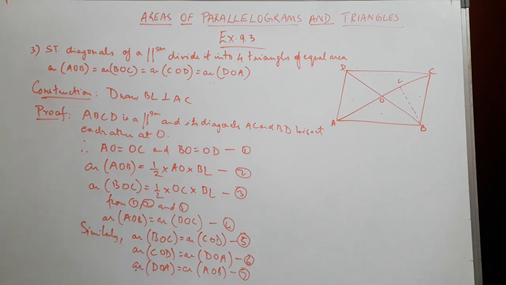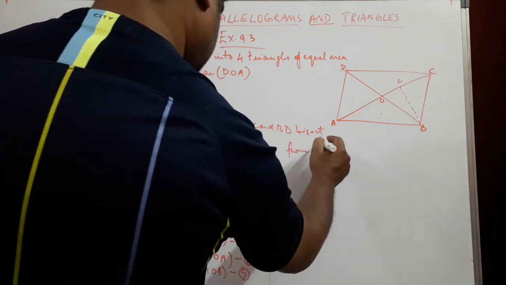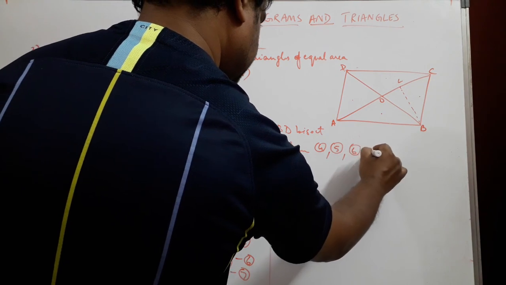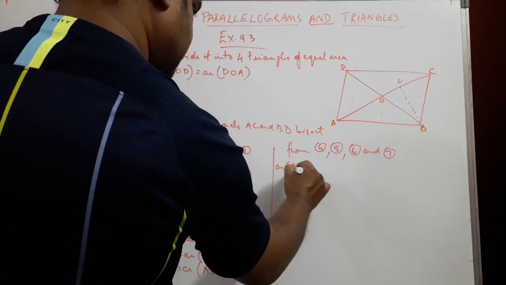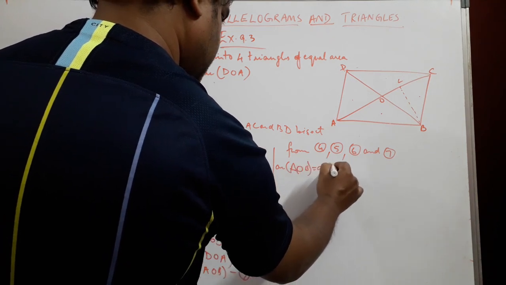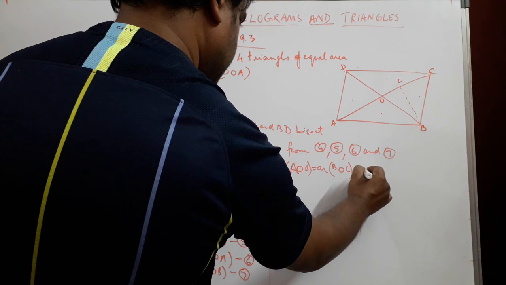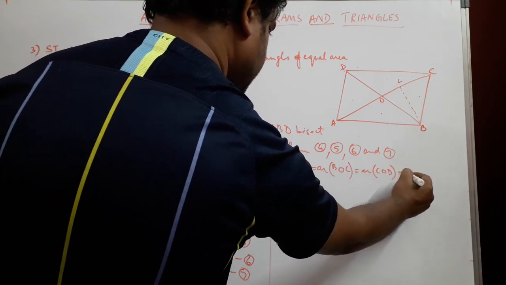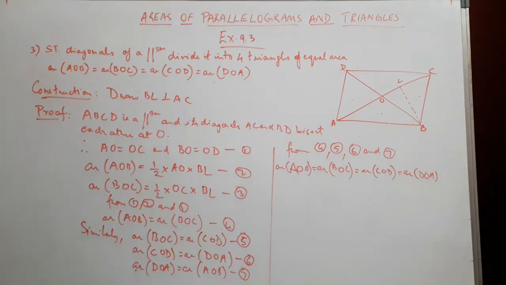Then we can write over here that from 4, 5, 6 and 7 we get area of triangle AOB equal to area of triangle BOC equal to area of triangle COD equal to area of triangle DOA. They are all equal to each other.